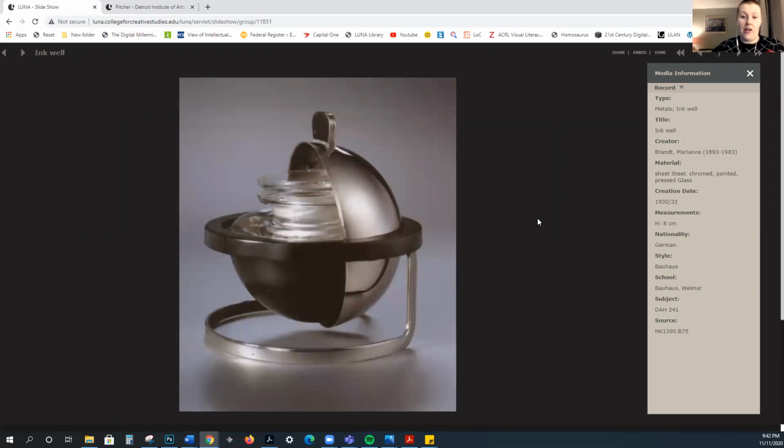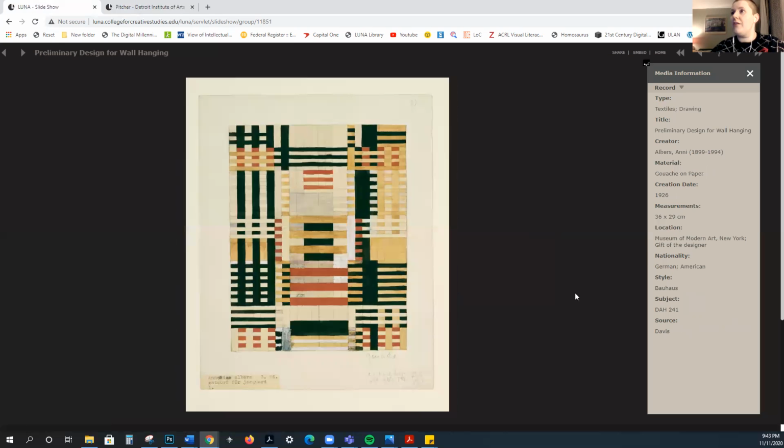He sees technology as the reality of the 20th century, and he uses a lot of science and scientific content in his teaching. So again, you can see this is an inkwell. So before you have pens that you can just click, you would have to dip in your pen and ink and write. And so this is where you would store ink, but you can see that it's a very austere, simple, and yet very visually pleasing design.